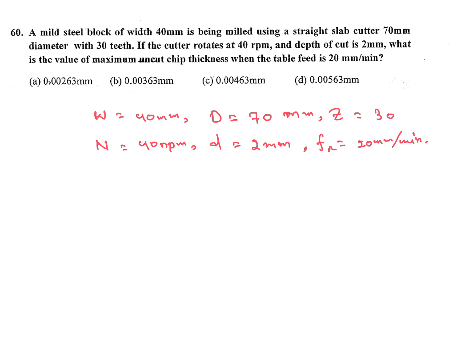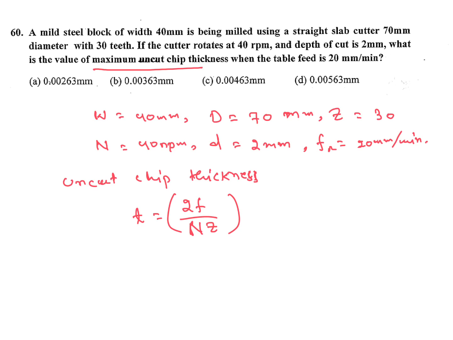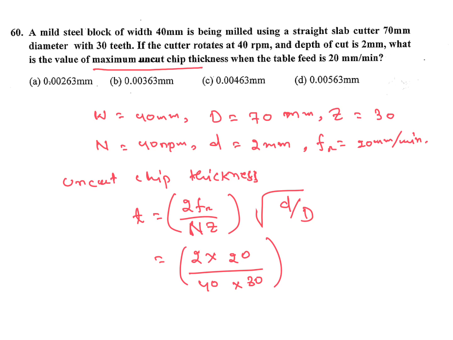So, the maximum uncut chip thickness. The formula is uncut chip thickness equals 2 F by N Z, whole root over d by D. If we put in the values: 2 into feed rate 20 divided by N, RPM 40, into Z, number of teeth 30, whole root over 2 by 70.